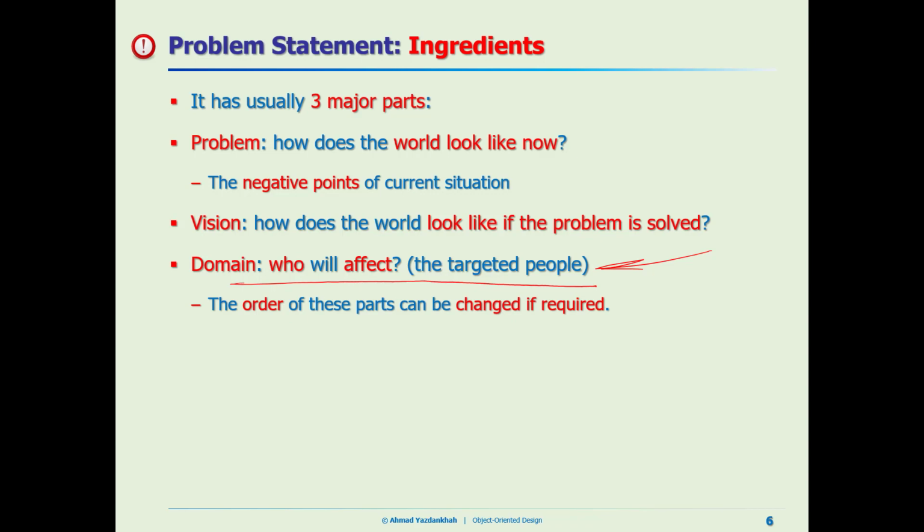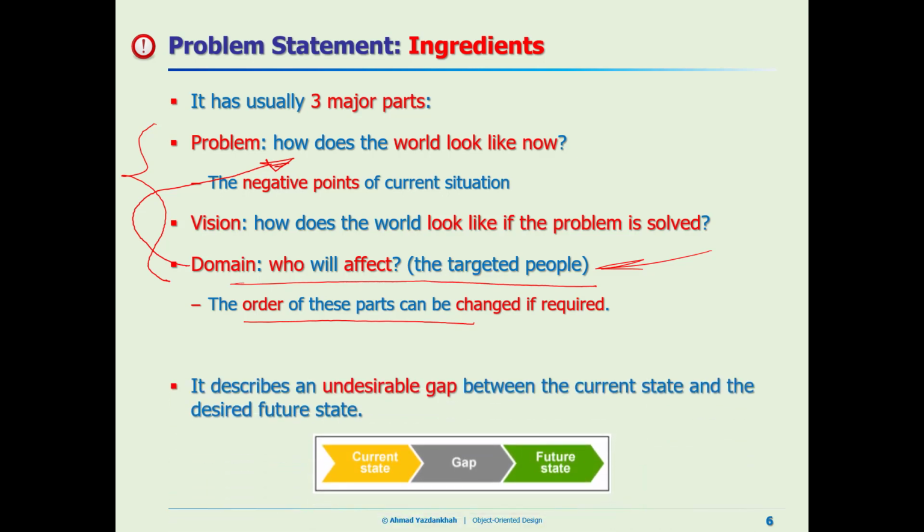And of course, the order doesn't matter here, even though this is a very reasonable order. But in some cases, you might put the domain inside the problem as well. You mention it that way. It is okay, right? Okay, so this is another point of view.